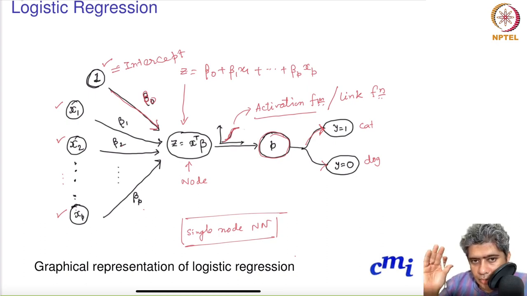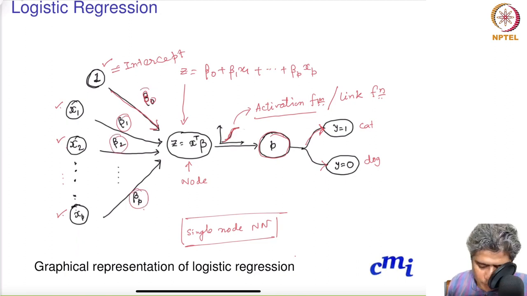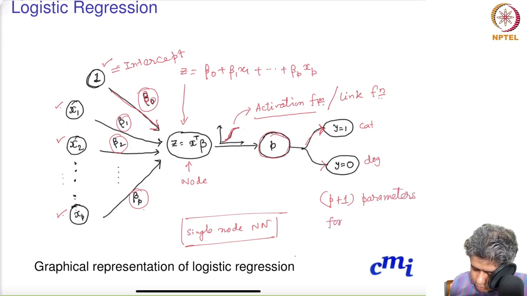I hope you have figured it out by now. So you have x1, x2, xp, so p parameters and one more parameter for the intercept. So you have p plus 1 parameters for logistic regression, which is a single node neural network.